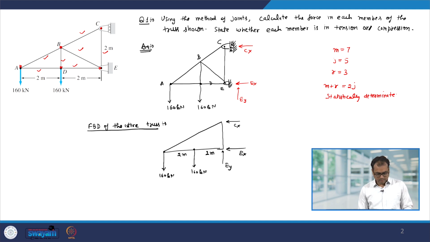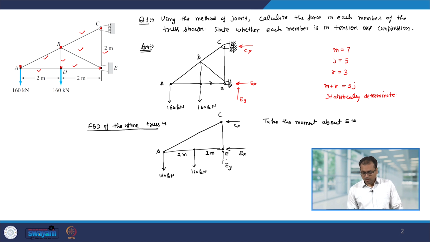Now, to calculate the various forces, let us first take the moment about E. So, this point is E, this point is A, and this point is C. Ex and Ey will not contribute to the moment because they pass through E. So, we have Cx times 2, because this is 2 meters, plus 160 times 4 for the first force, plus 160 times 2, equal to 0.